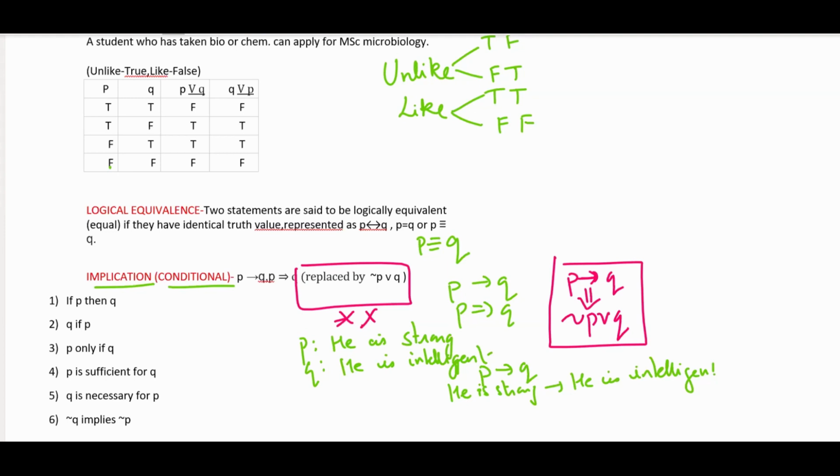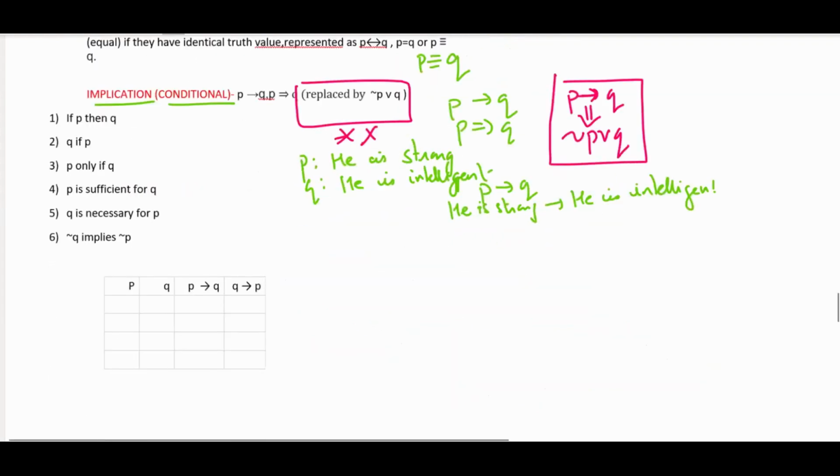Using the first way, if P then Q, I can read this as: if he is strong, then he is intelligent. Using the second method, Q if P, I can change this to: he is intelligent if he is strong. So this is how we can change P implies Q in 6 ways, and you should know all the 6 ways so that you can take the correct option.